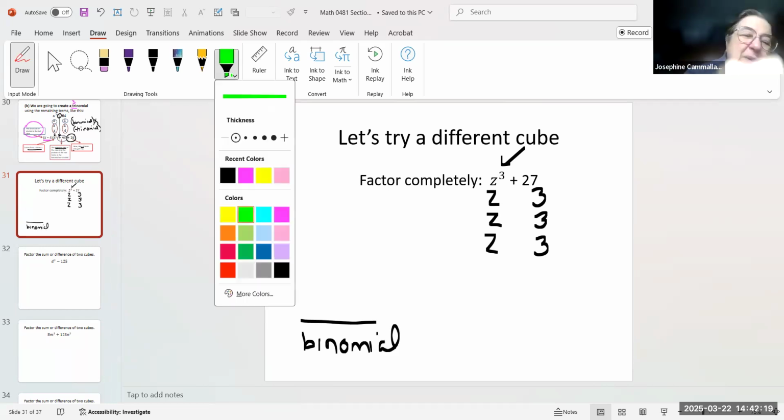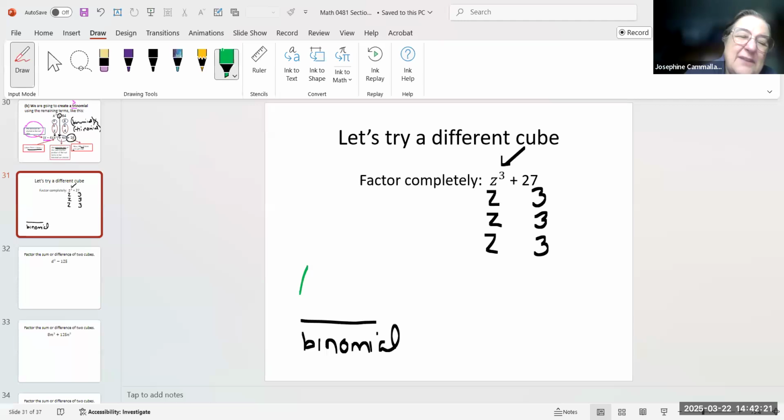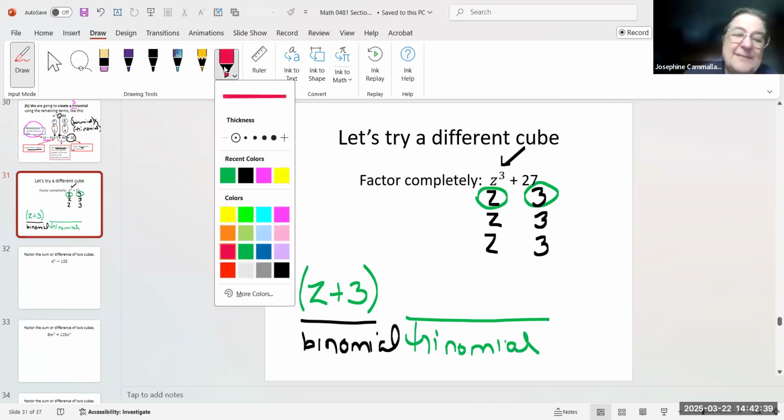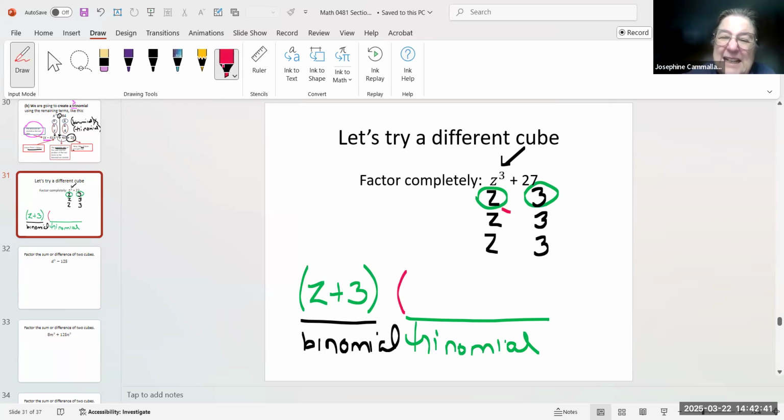And this will give us z plus 3. Then we have the trinomial. Well, we start right here. Z squared.